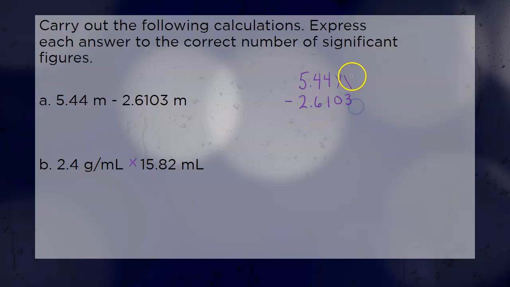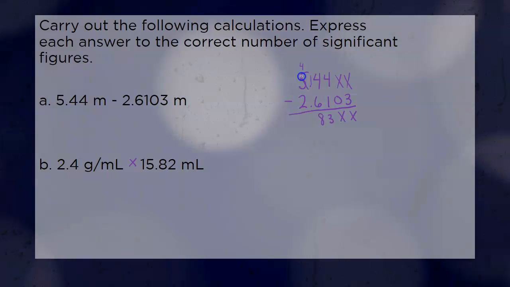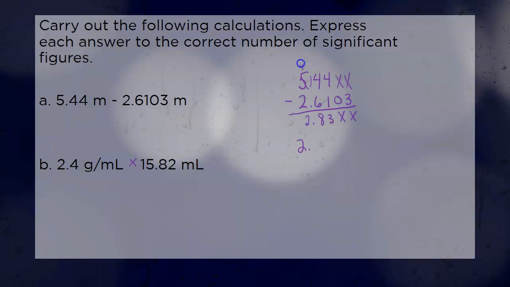So if I have something I don't know minus a 3, that ends up being, I don't know. If I have x minus 0, it's still x. I don't know what that is. But then I can do the rest of the math. 4 minus 1 is 3. Borrow the 1 from there, and I get 14 minus 6 is 8. 4 minus 2 is 2. So my answer is 2.83 meters.